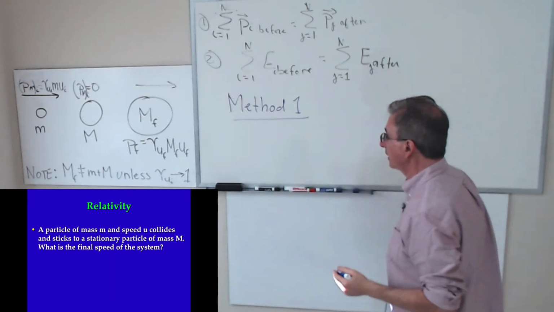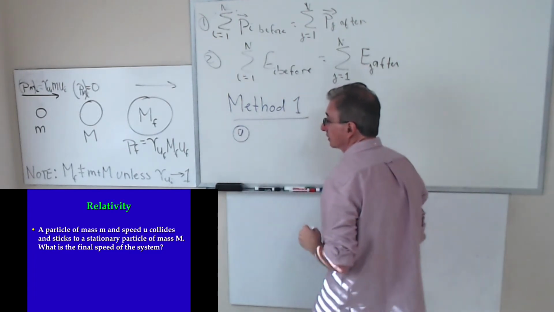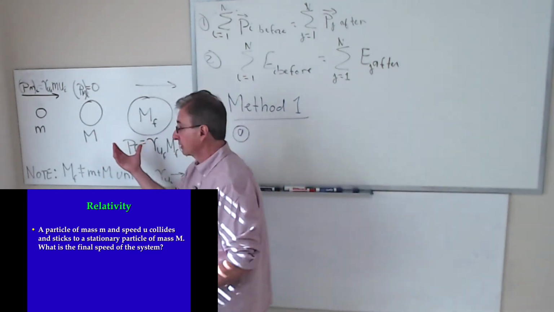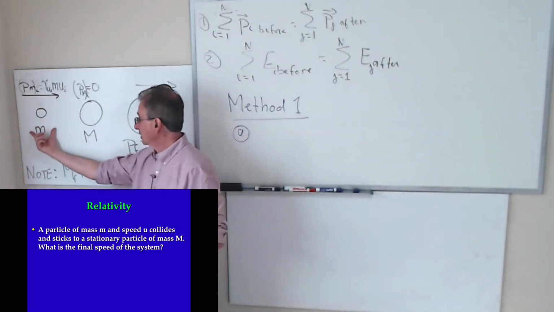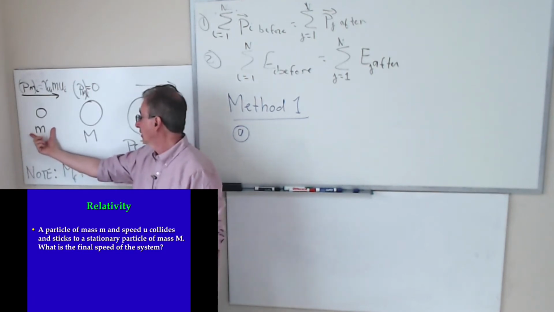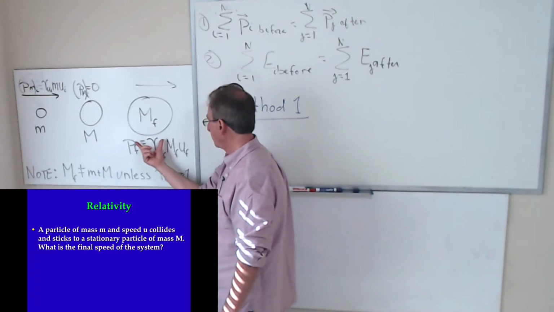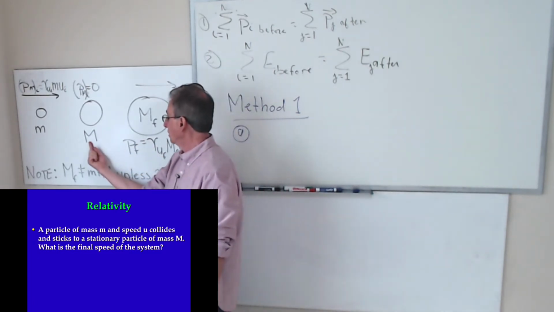For method one, what I'm going to do is, first I'm going to conserve momentum, okay? And this one is not going to change in the two methods. So this is my picture of the collision process. My total initial momentum is the momentum of the little particle, or little m. And my final momentum is the momentum of the composite particle.